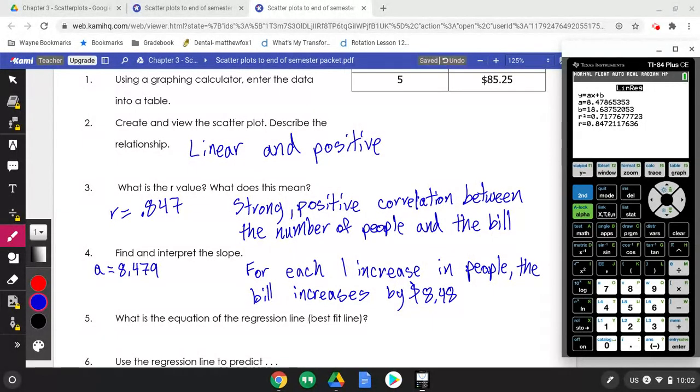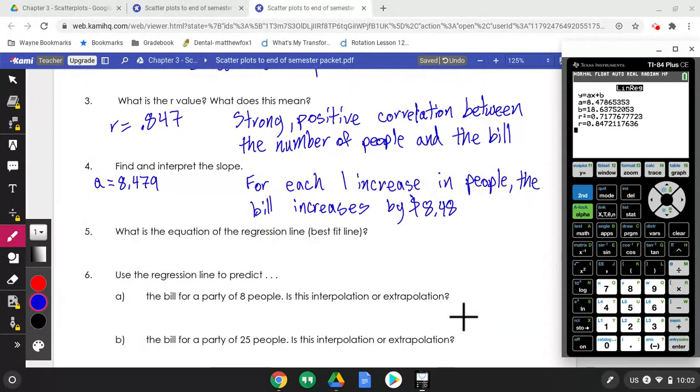Okay, now some of you might be saying, but that's 8.479. But we know in money, we don't go to the thousands, right? We go to the hundredths, so 8.48.